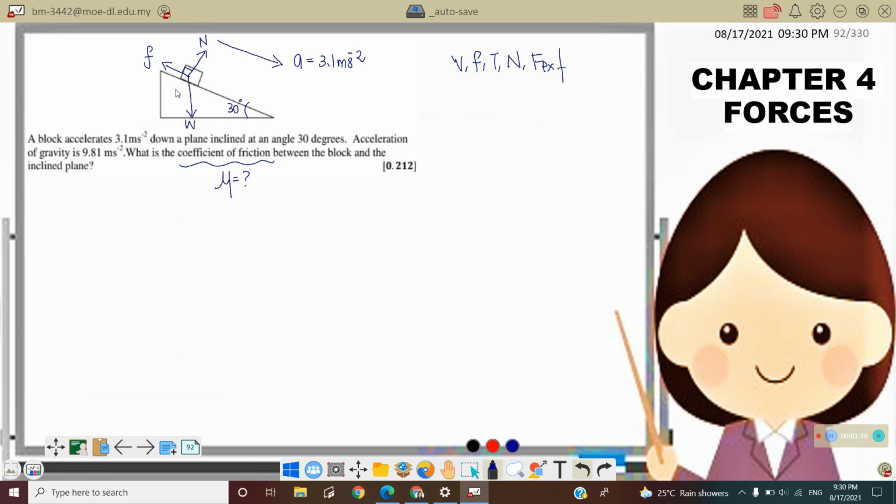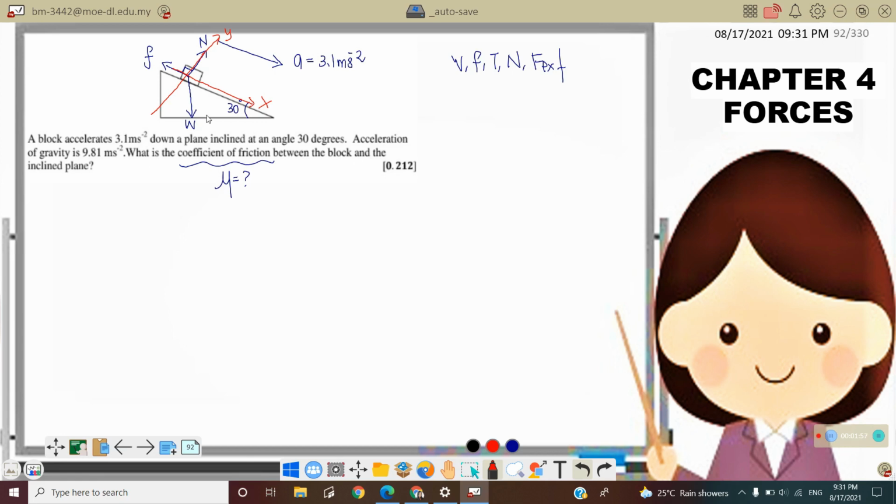After that, you need to resolve it into X and Y components. Bear in mind that because this is an inclined plane, this direction is the X component, and this one is the Y component.